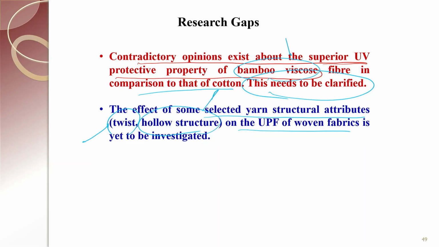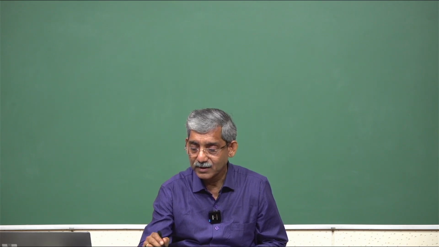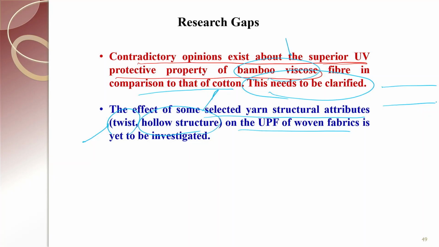If we change the twist, two contradictory things happen. One is, if we increase the twist, the inter-fiber space changes, which increases the UPF value.